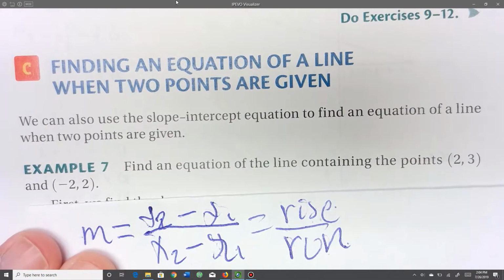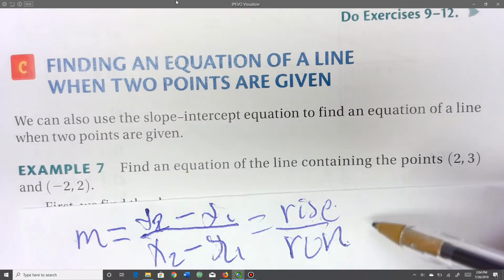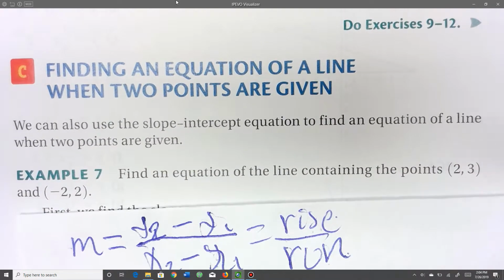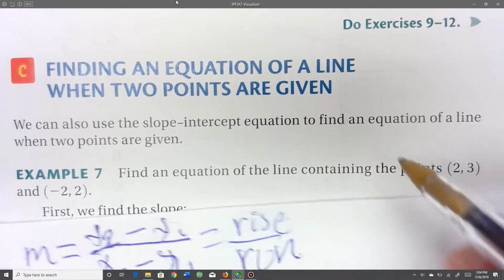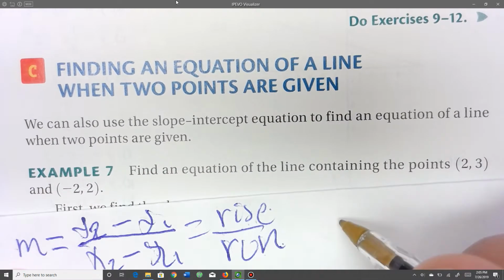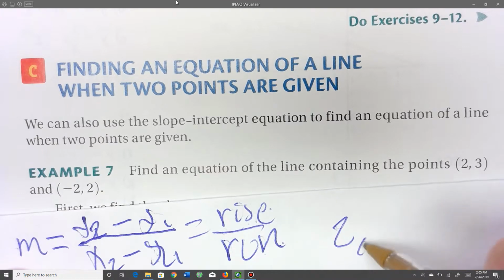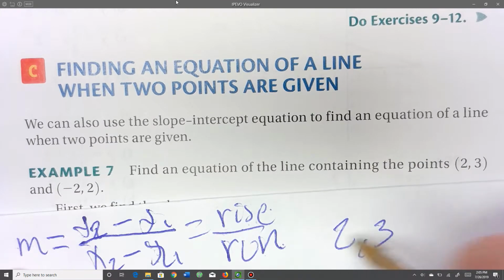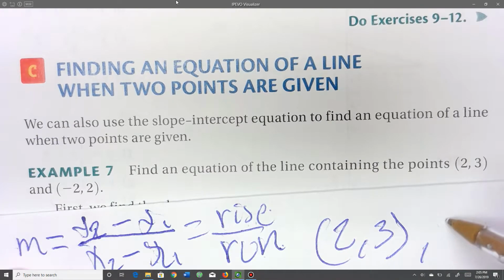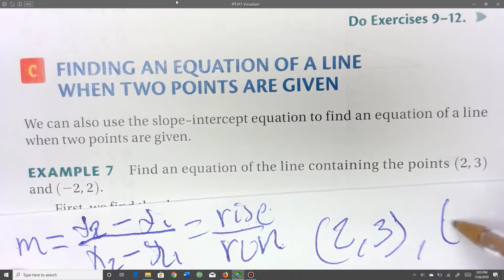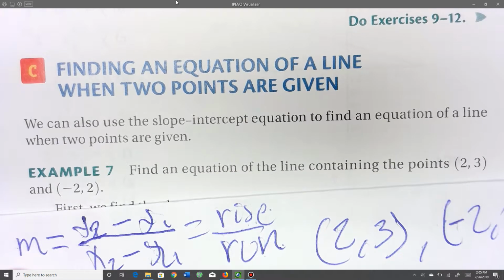My points are, and I'm going to write them down here because I need to label them. I don't want to write on my book. That's one point, that's that point, and -2, 2.